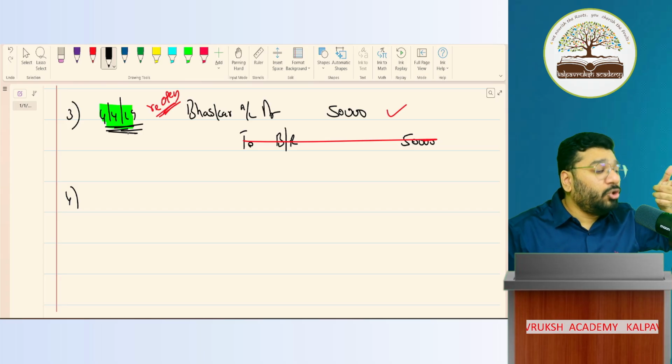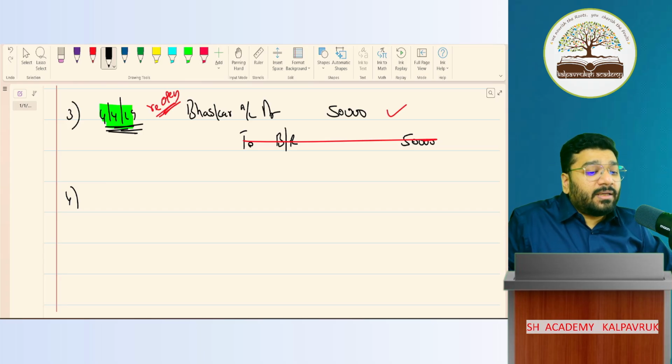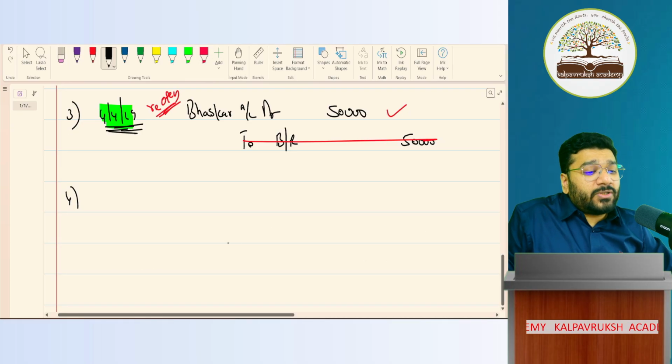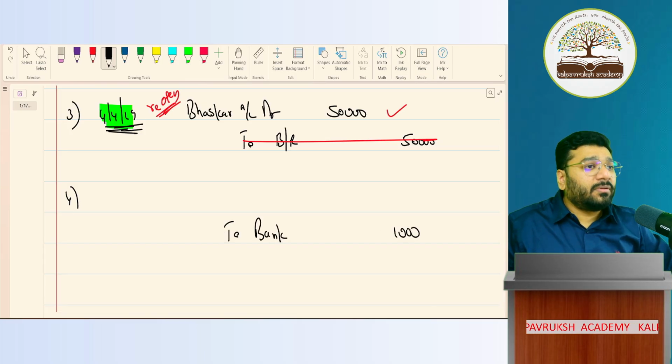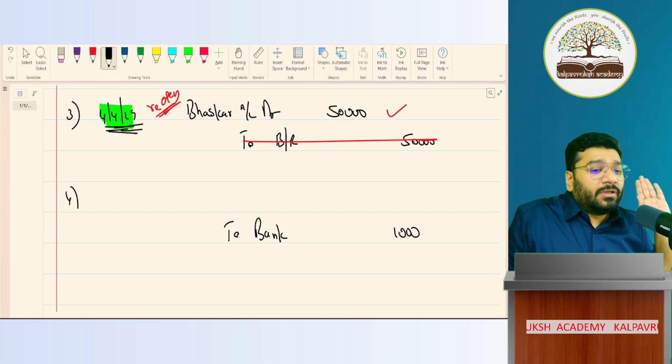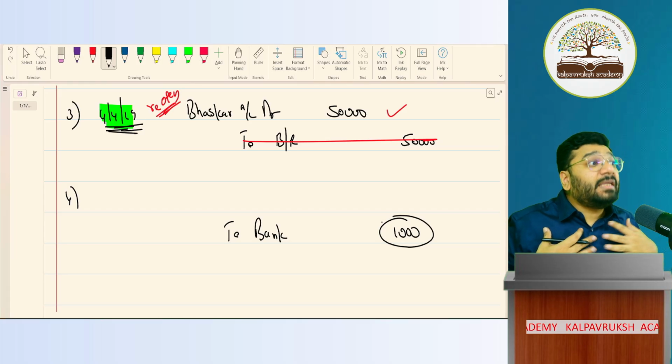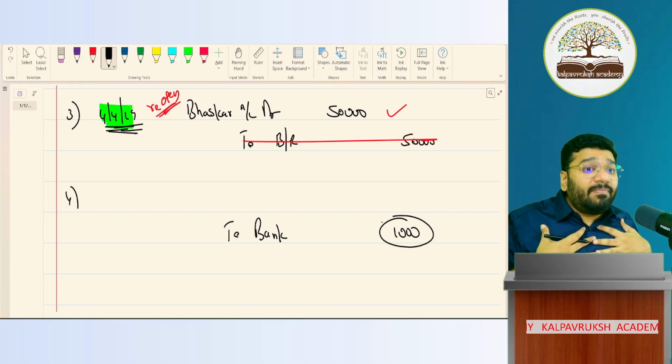These notary charges have been paid by whom? Amar paid it. So from Amar's pocket, the money has gone out to the bank. How much? 1,000. My question to all of you: this 1,000 rupees we pay to the notary public, is it my mistake? If it is my mistake, I will bear the expenses. Then what is the ledger name? Notary charges account debit.